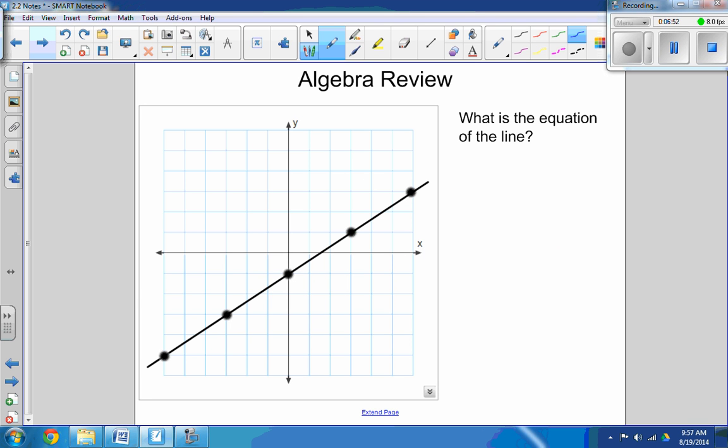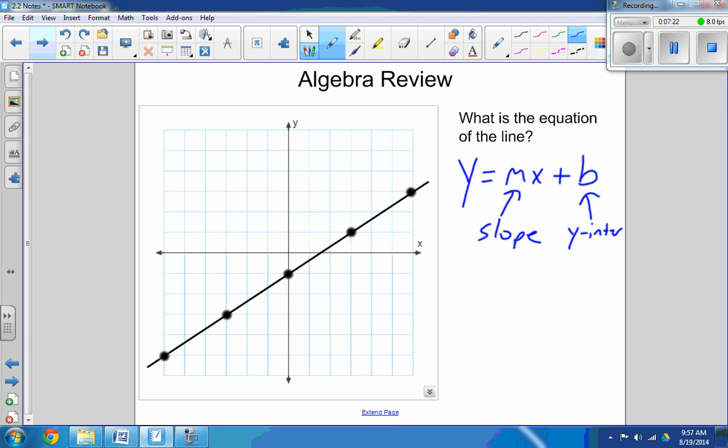Now let's look at a little bit of algebra review. What is the equation of this line? We're going to use y equals mx plus b. Remember, this is slope-intercept form, m being the slope, b being the y-intercept.